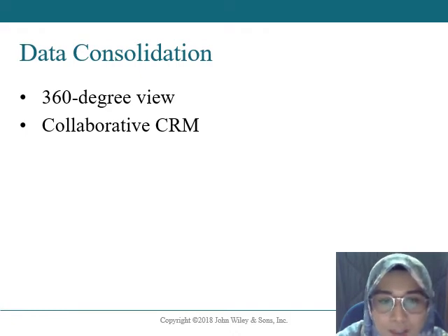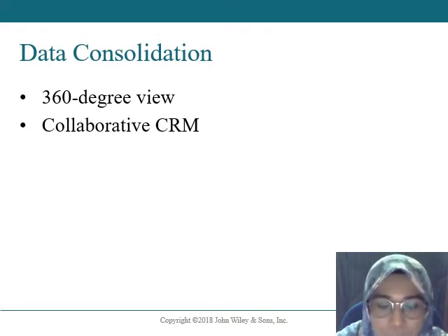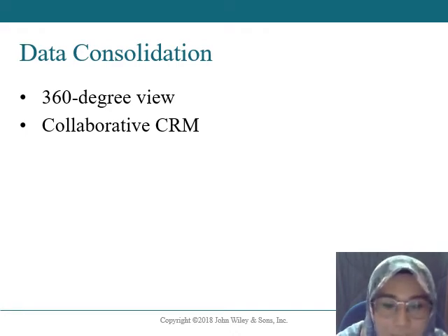So 360 degree actually refers to the complete data of the customer, which allows a company to use their data to enhance their relationship with the customer and ultimately produce profitable decisions from the data that were collected from the customer.